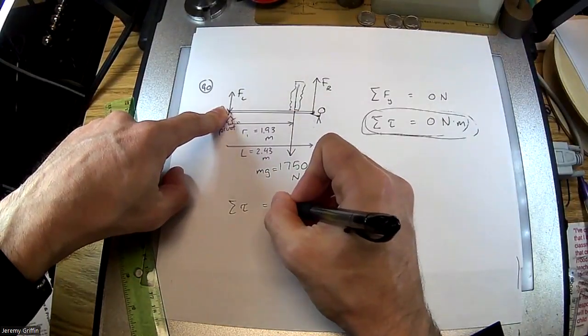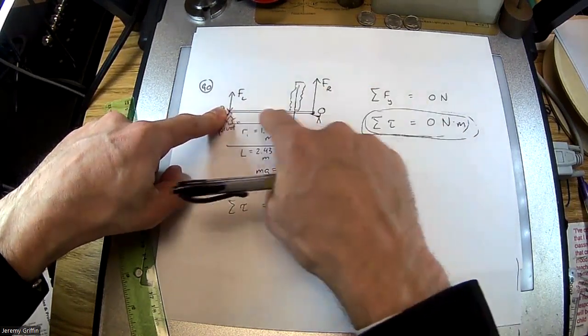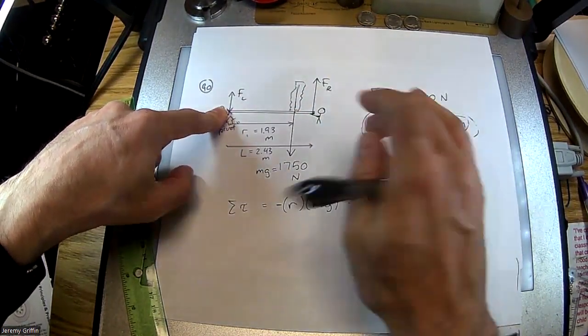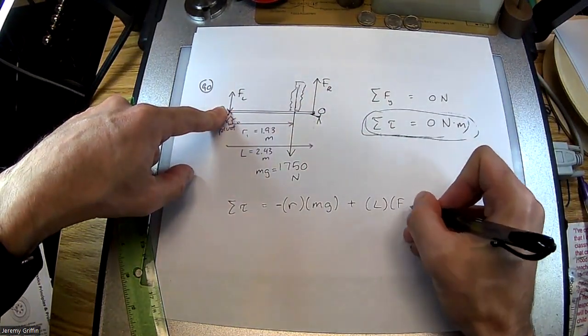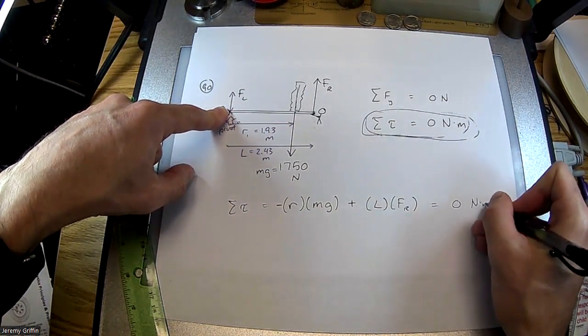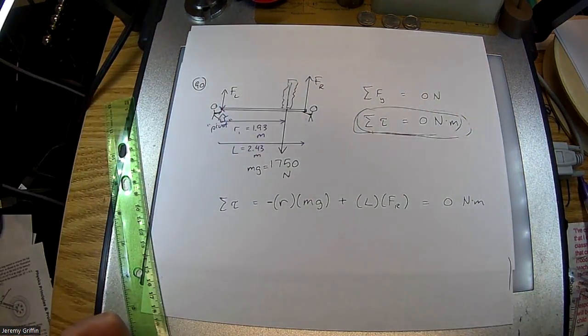You usually do conventionally, I'll call it negative. Then I'll say plus the torque caused by this guy on the right holding the whole thing up. That's at the full length, radial size. There's your radial arm, cross with force on the right. This all has to zero out, 0 Newton meters.